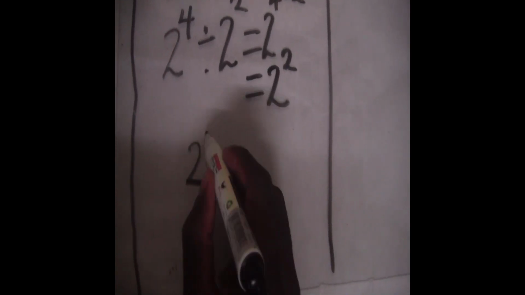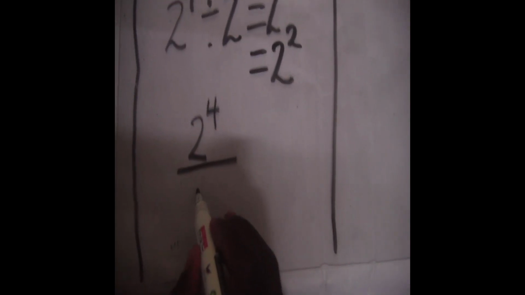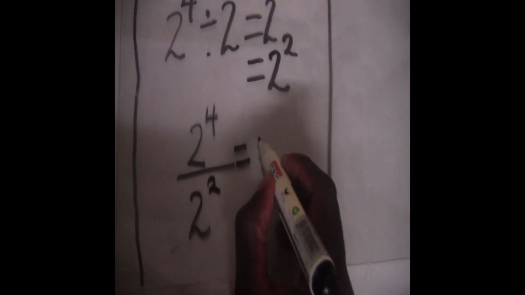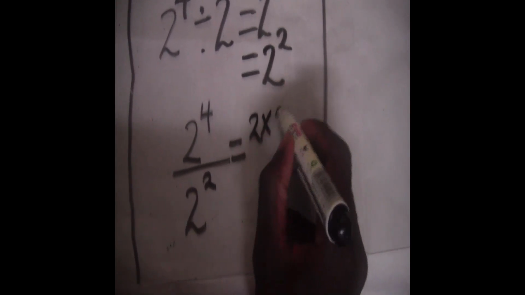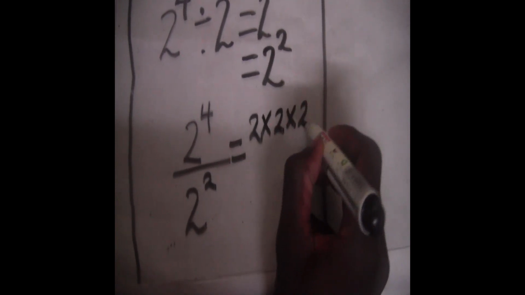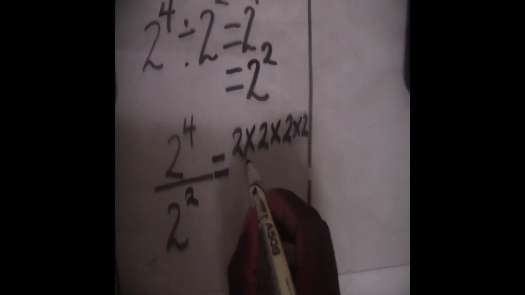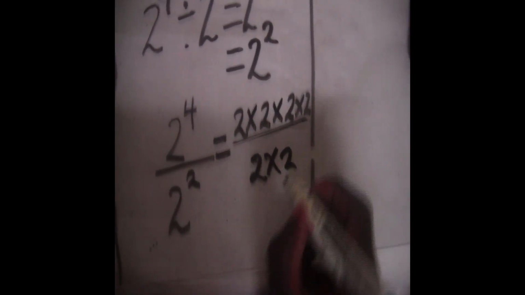This can be explained further in this way. When you have 2 raised to power 4, divided by 2 raised to power 2, this is equivalent to 2 times 2 times 2 times 2 over 2 times 2.